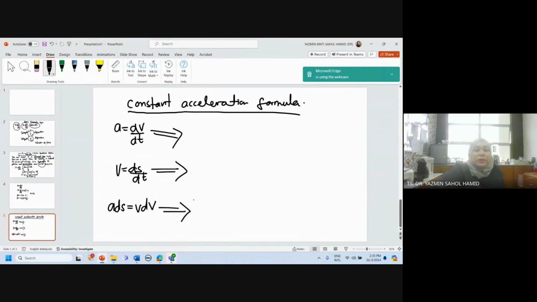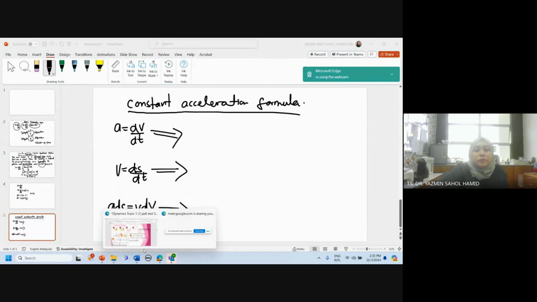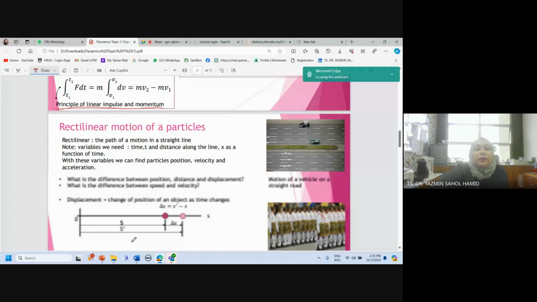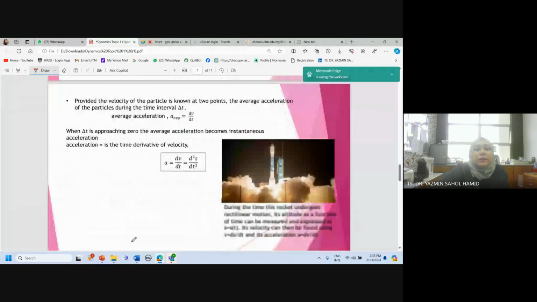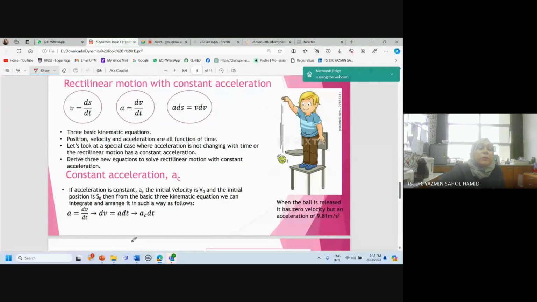I'm going to open the slide again to show you. Okay, so now from the basic formulas, we are going to come up with the constant acceleration formula, using all three basic formulas again.